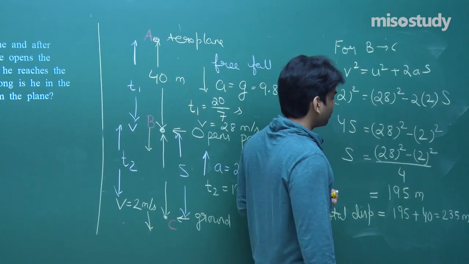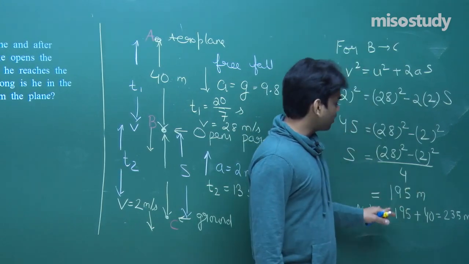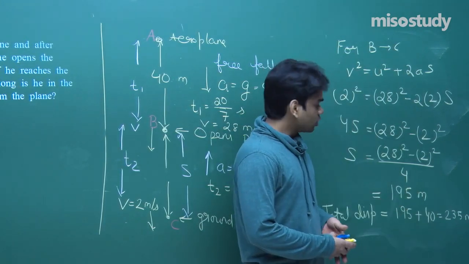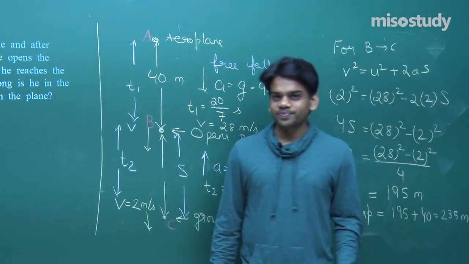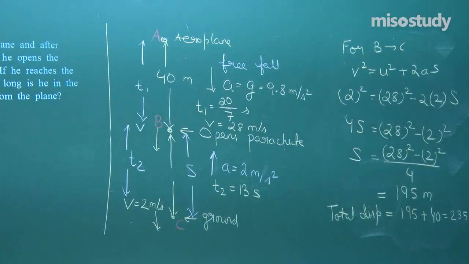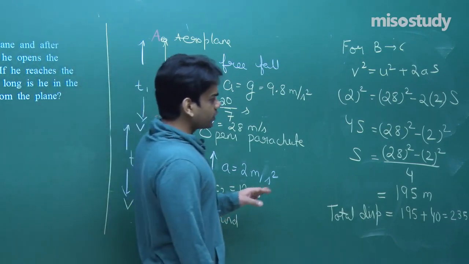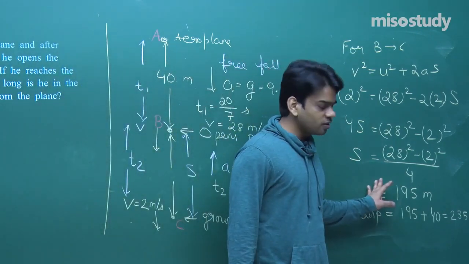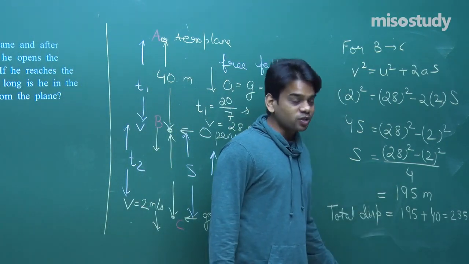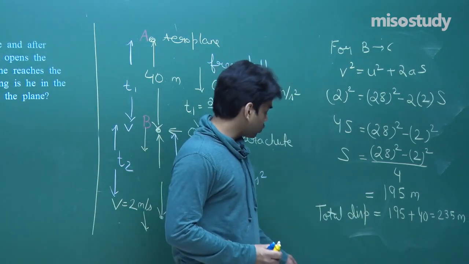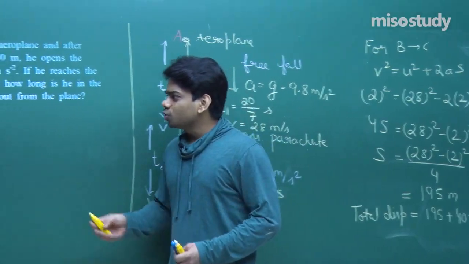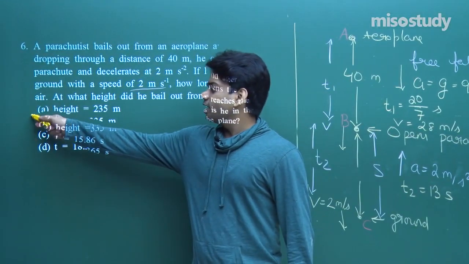First thing you can calculate, you will be getting that as 195 plus 40, that is 235 meter. So take note till here. I believe that you have understood, you would have solved this part, 195 meter. Total displacement will be 195 plus 40 because you have to also add this part. So 235 meter. If you check the first answer, 235 meter, option number A is right.